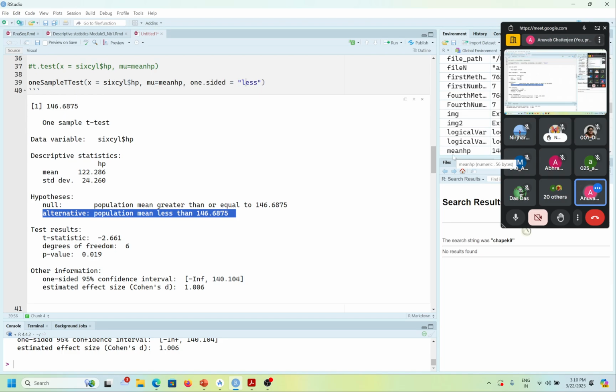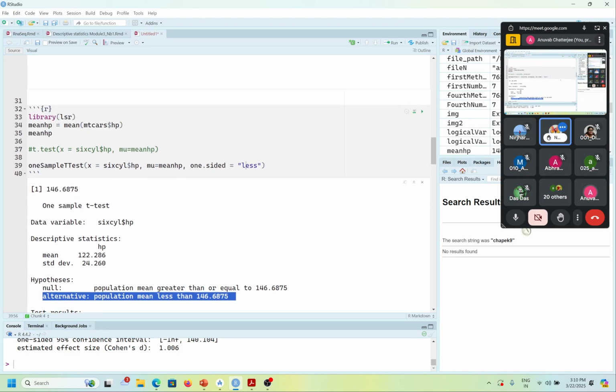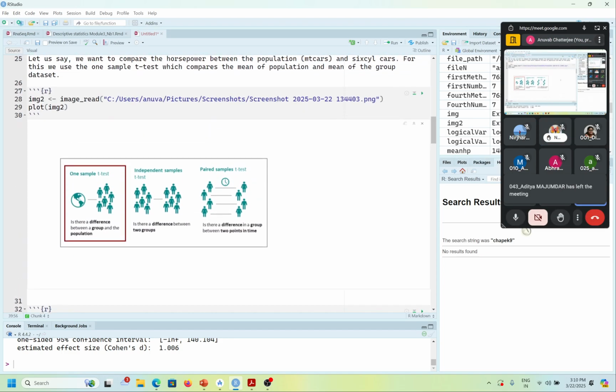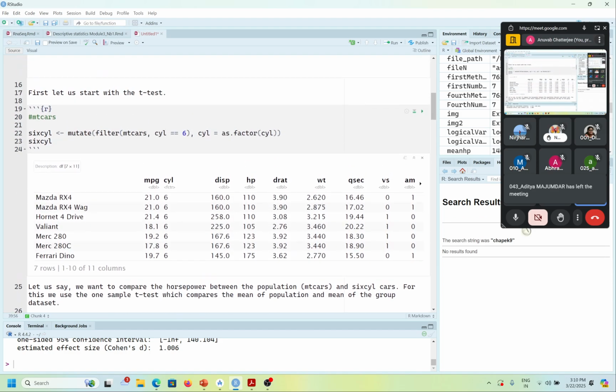Yes, Nandini, go ahead. Sir, I'm a bit stuck. The mutate function is not working in my console. Okay.